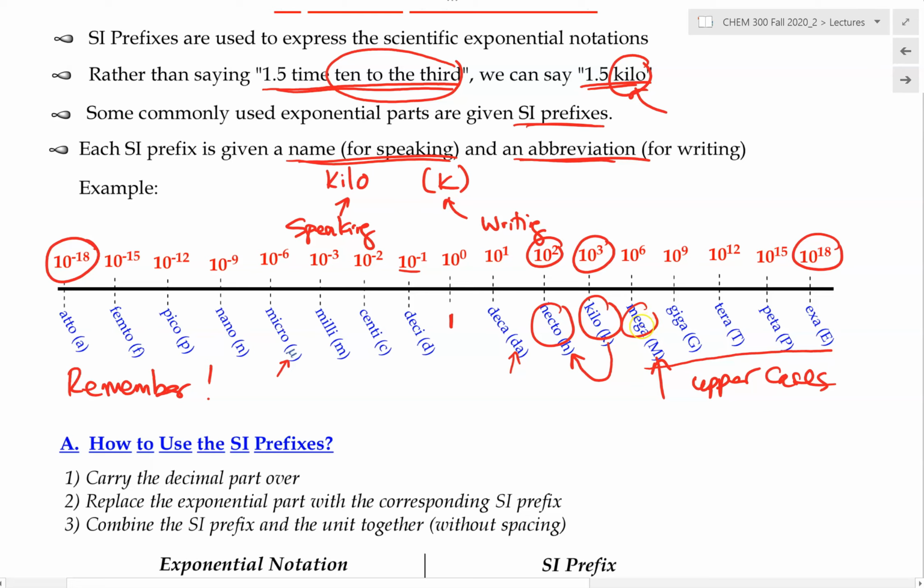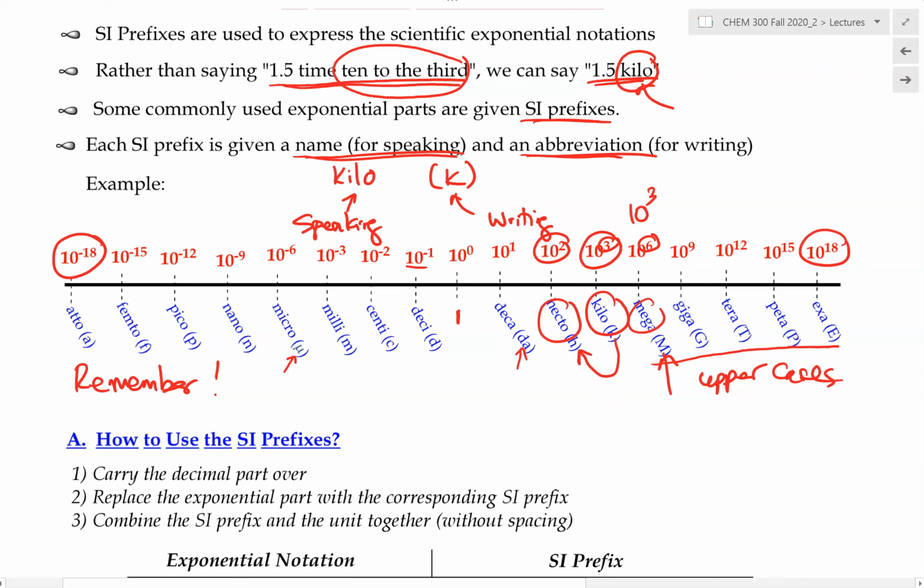How much bigger is mega compared to kilo? The answer: 1,000 times. If we take the exponents and subtract, 6 minus 3 equals 3, so 10 to the third. This is how many times mega is bigger than kilo. So we would need 1,000 kilo to equal 1 mega. That's kind of how it would work.